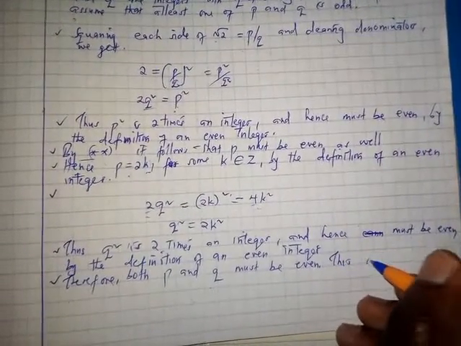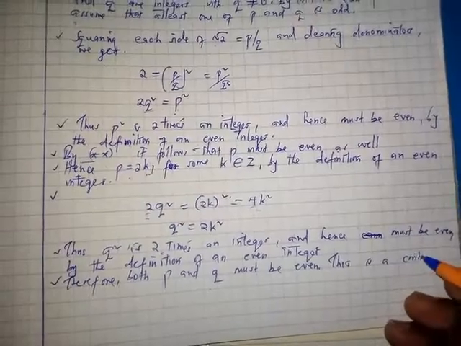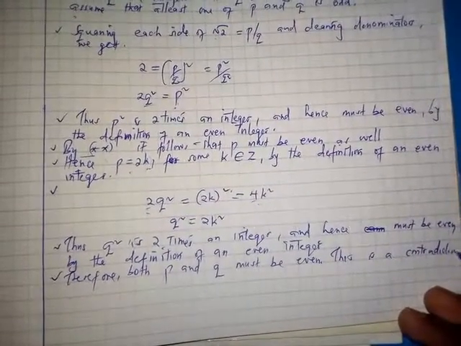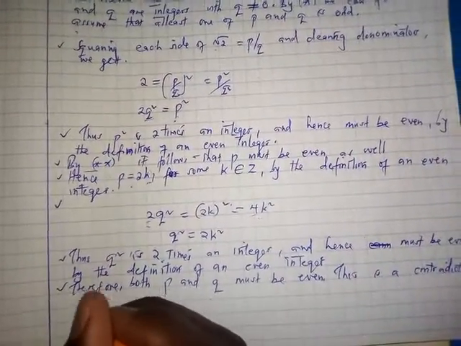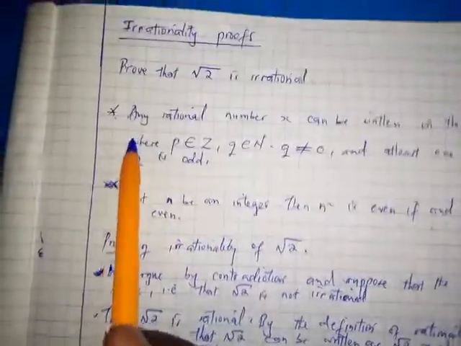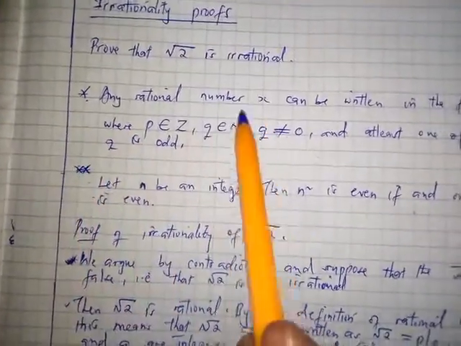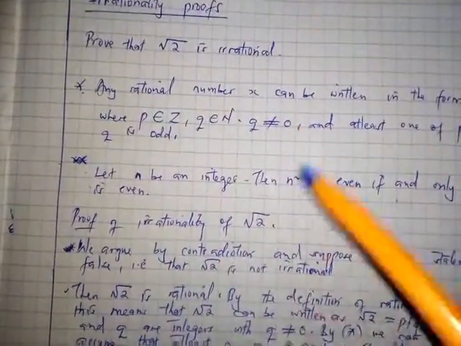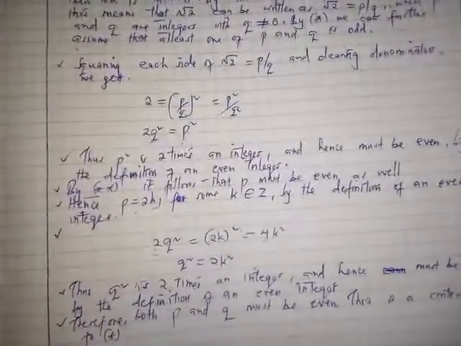This is a contradiction to our first result here. This is a contradiction to the fact that an irrational number x can be written in the form that. This is a contradiction to that.